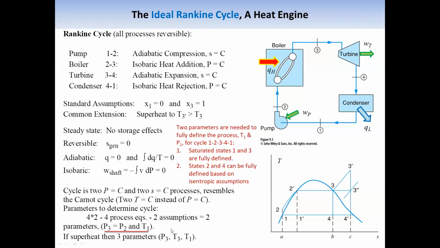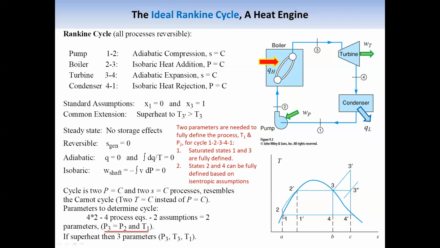Usually, and this is what we are going to discuss in the example, we designate T1, the temperature of the fluid before it's compressed to the boiler, and the pressure inside the boiler. We usually stipulate T1 and P2. So everything else is known. Let's think this way.